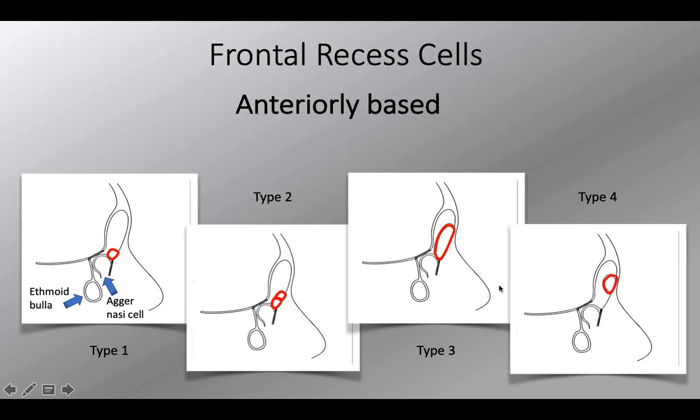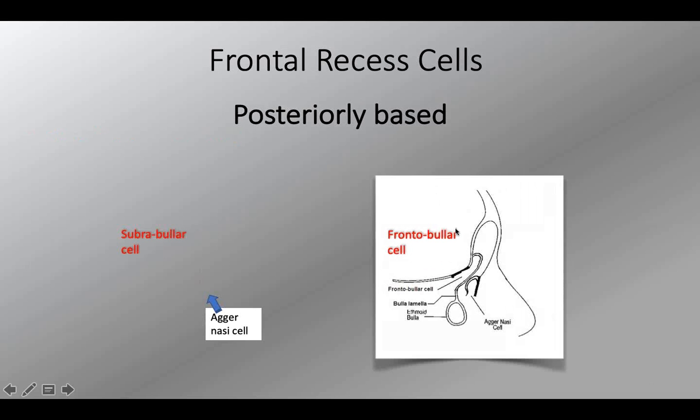And I think these 2 types are connected together now. And to see these anteriorly based cells, you have to have a sagittal view when you do the CT reconstruction. And these cells, they all have their connection anteriorly, and that's what the surgeon wants to know, compared to these cells.